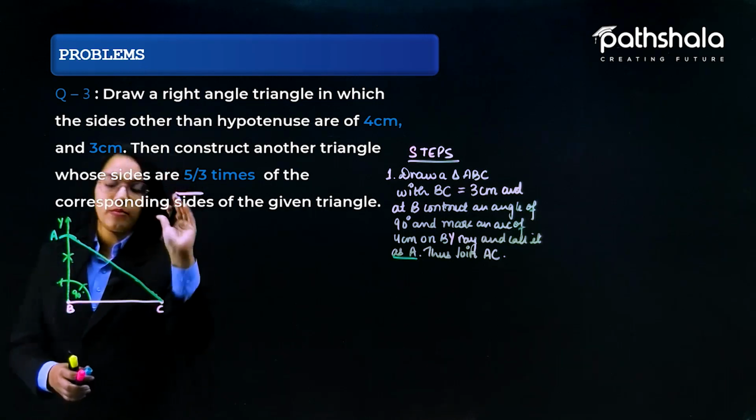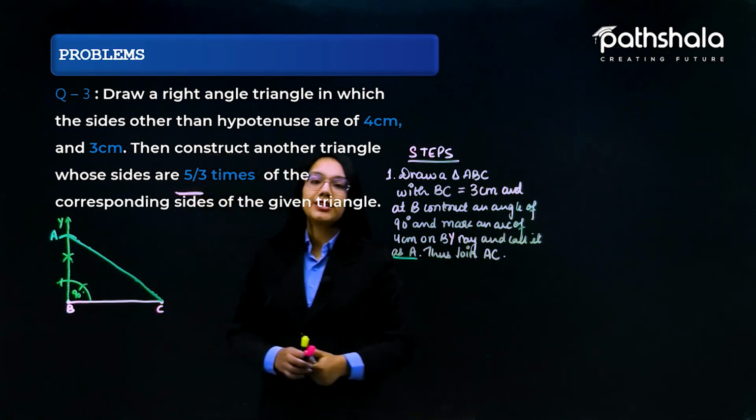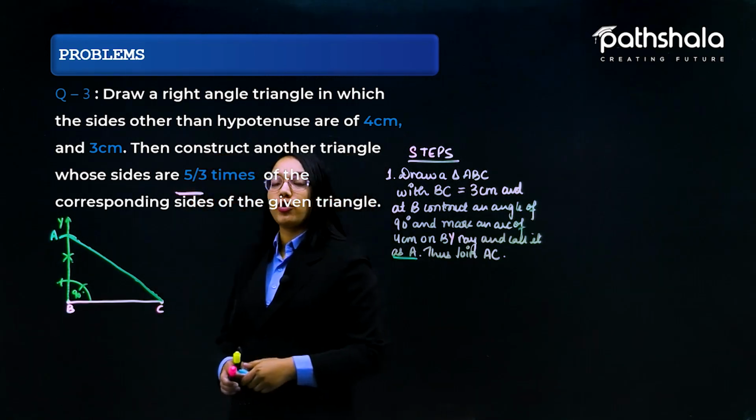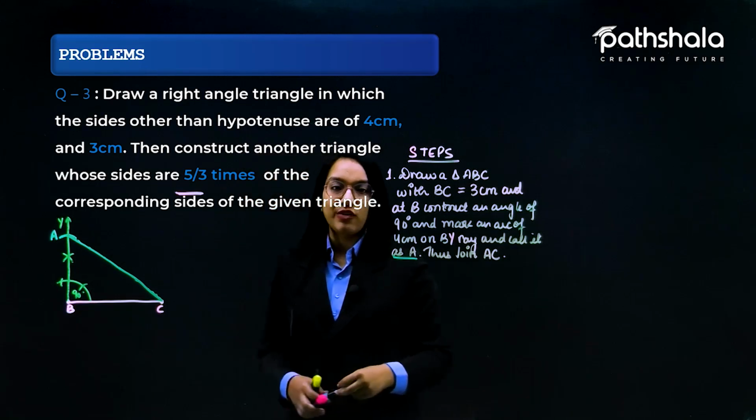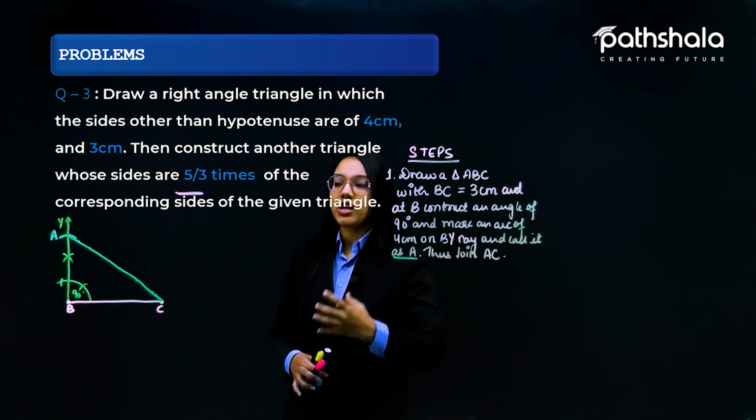So I'm done with the construction of my triangle ABC. This is my right angle triangle. But we wanted to construct a triangle whose sides are 5/3 times the corresponding sides of the given triangle. So let's start the construction of it.